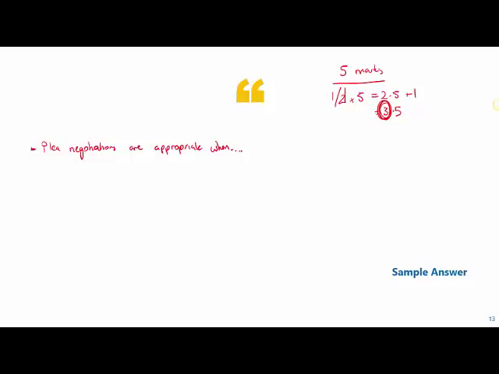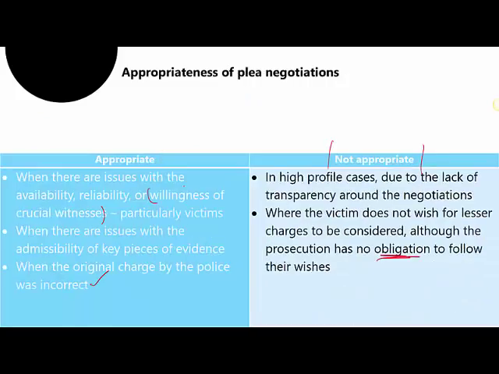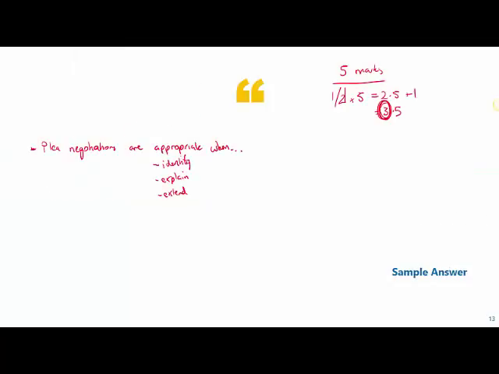We'd be looking at opening up with something like, plea negotiations are appropriate when, and then it's a simple process of identify, explain, extend. Plea negotiations are appropriate when there are issues with the availability of crucial witnesses, perhaps if we use this one.